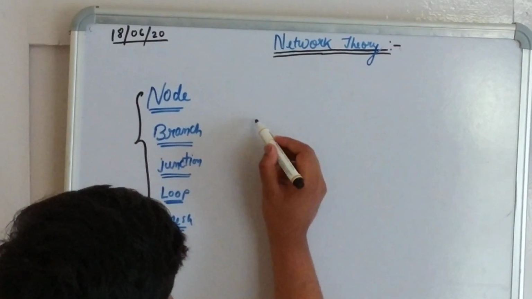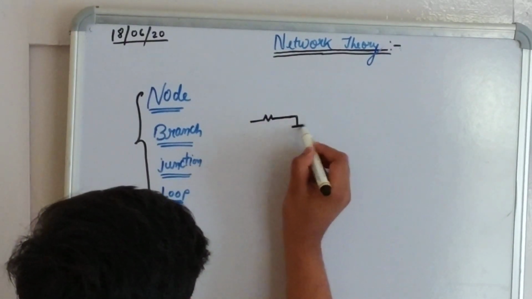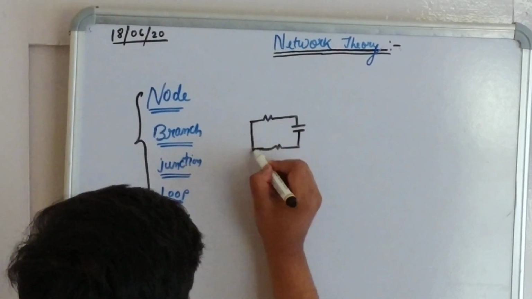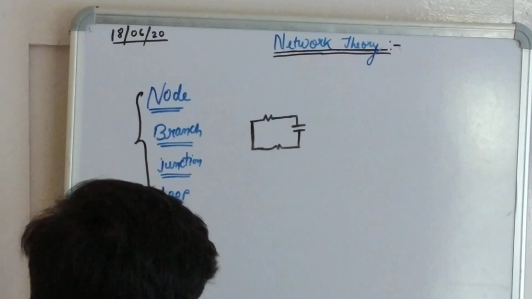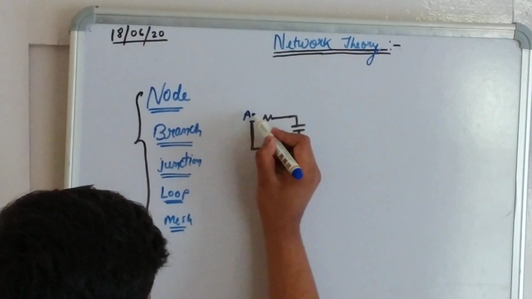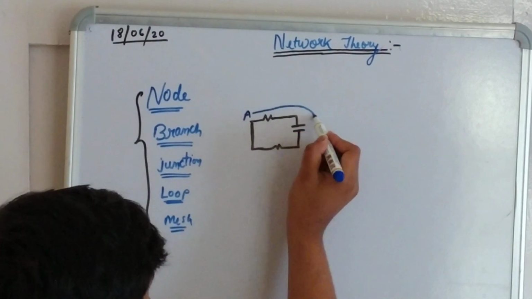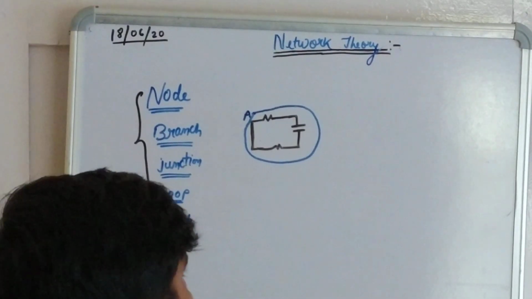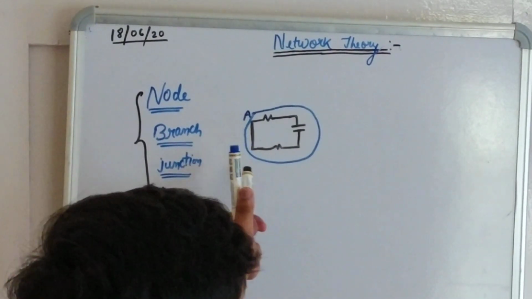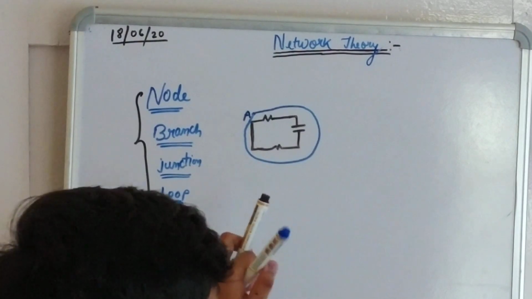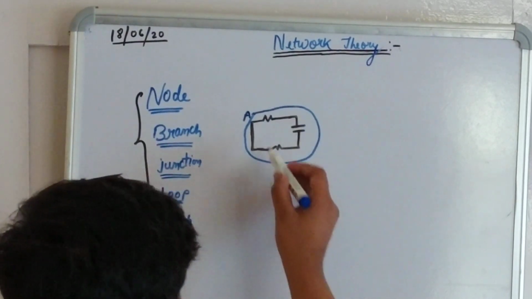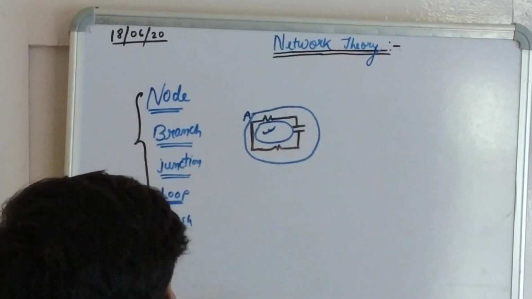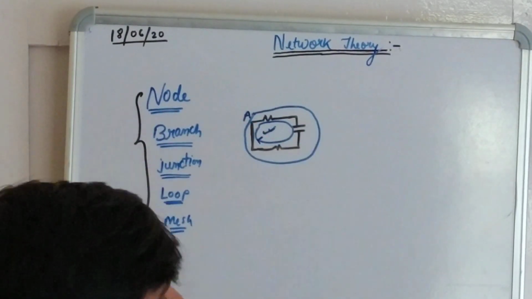Suppose we started from point A and we ended at this point only. That is, the point from where we started, we ended at that point only. Then it is said to be a loop. So this closed path is a loop.